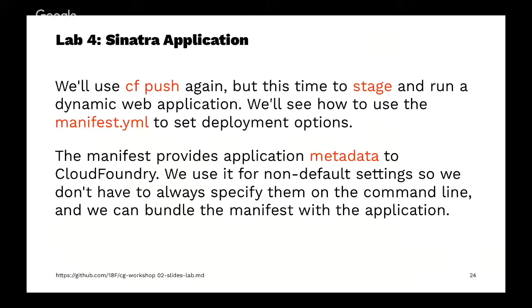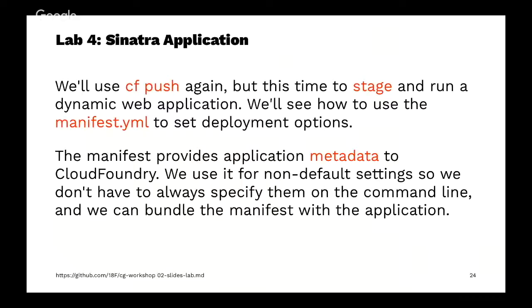It provides application metadata to Cloud Foundry. And we use this to set non-default settings, like maybe it doesn't need a full 512 megabytes of RAM or a full gigabyte of disk space allocated, because for a workshop, we don't need that much. So I've specified lower values for that.